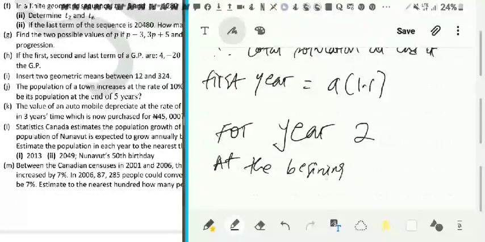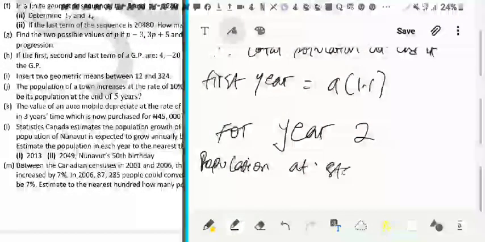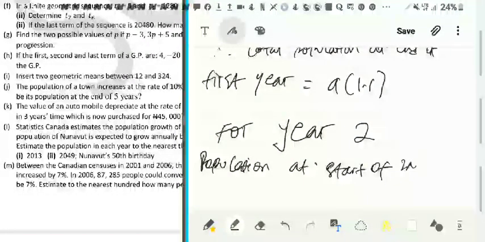What's the population at the start of the second year?